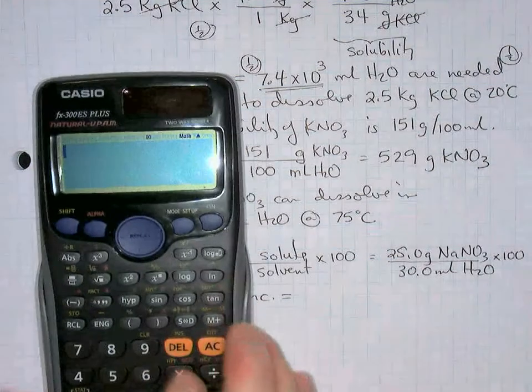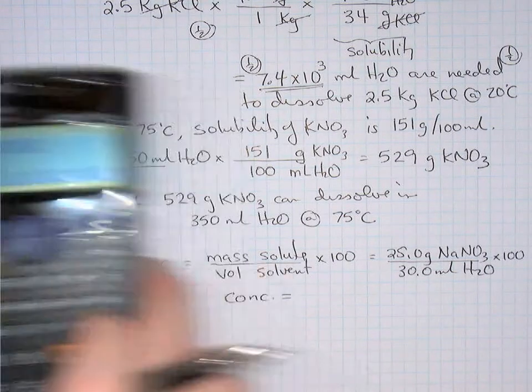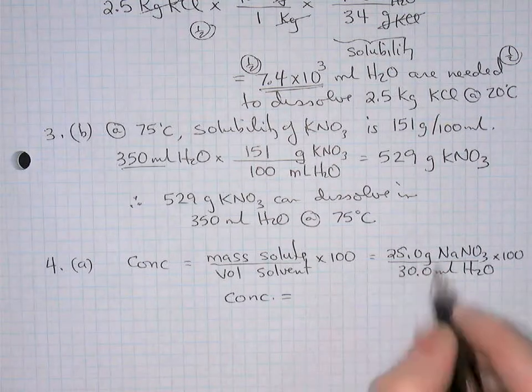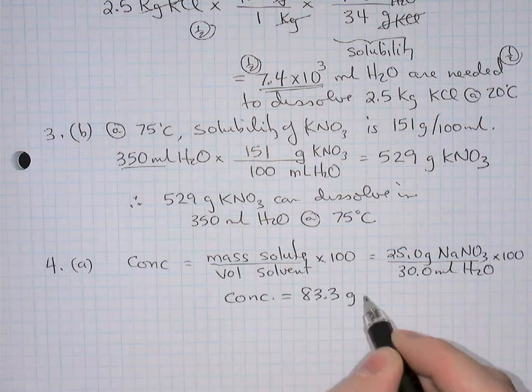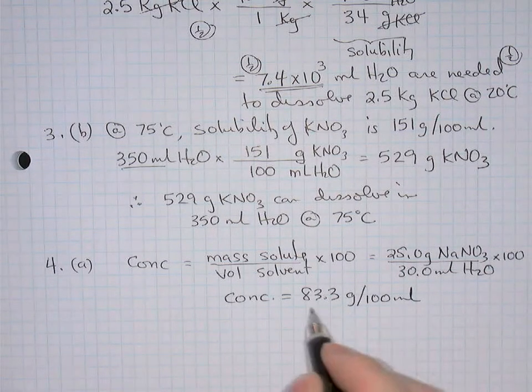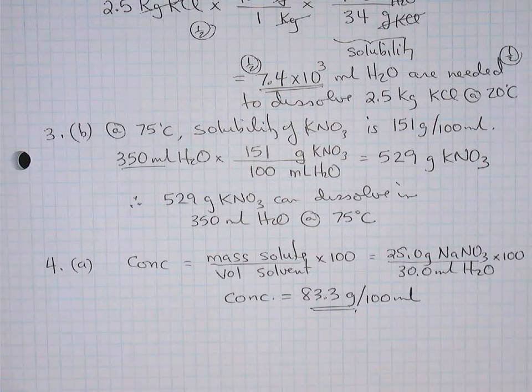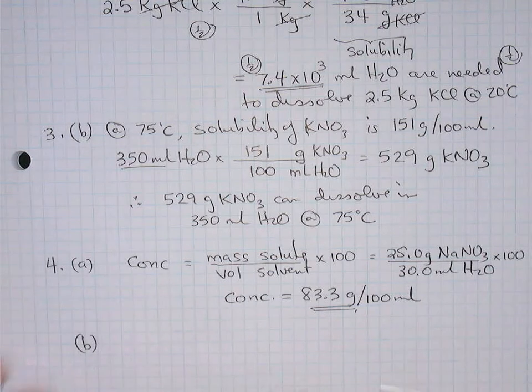So grabbing a calculator, 25 divided by 30 times 100 is 83.3, 3 significant digits, 83.3 grams per 100 mils of water. So there's our concentration.